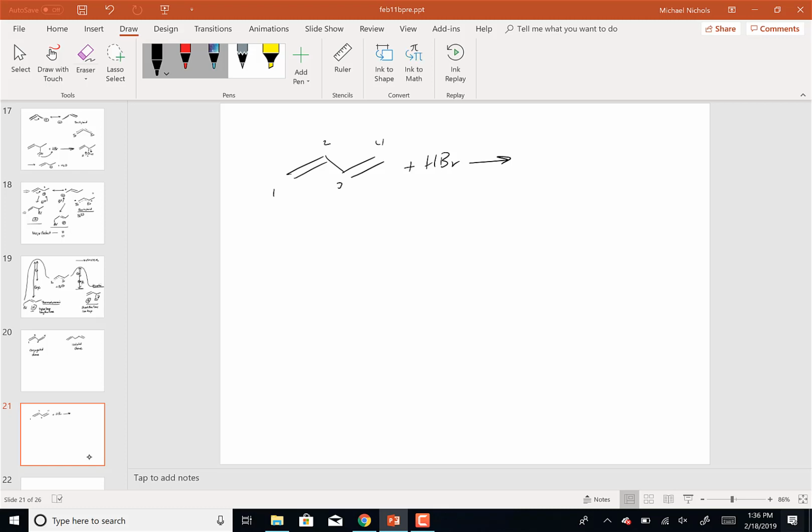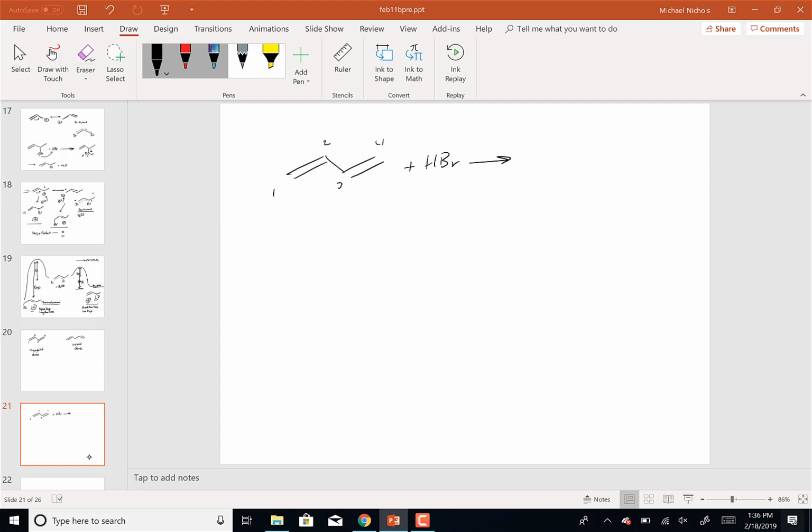So where should I add the H+? Well, what would Markovnikov's rule say? Better yet, what would a broad interpretation of Markovnikov's rule say?